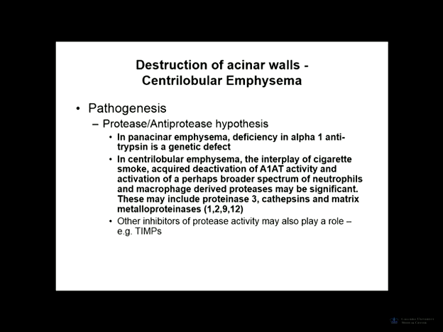There are a variety of other proteins, including ones that would be pro-inflammatory and destructive, and also potentially loss of inhibitors of protease activity. All are very complicated and much more beyond the scope of what we're going to talk about today, but the outcome is the same, which is that you get destruction of elastic tissue in the wall of the airway, here focused on the segment of the airway which is most targeted by the particle size involved in cigarette smoke.